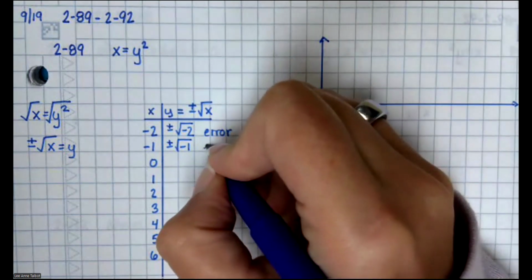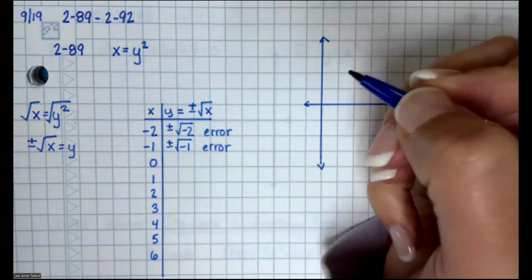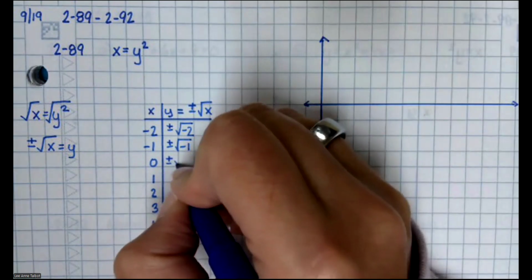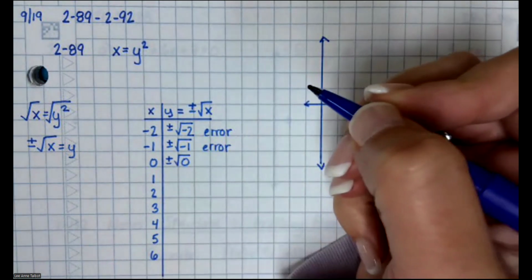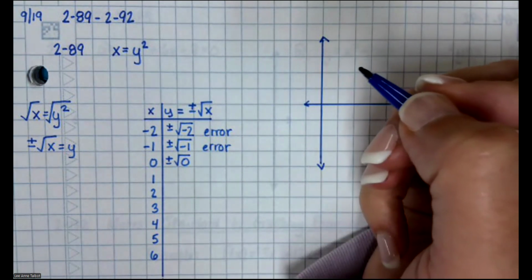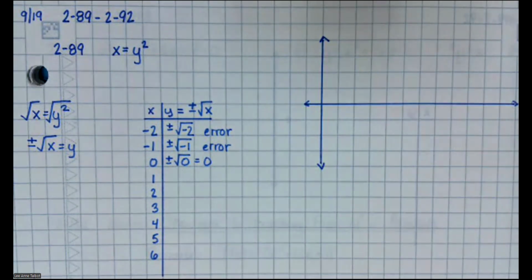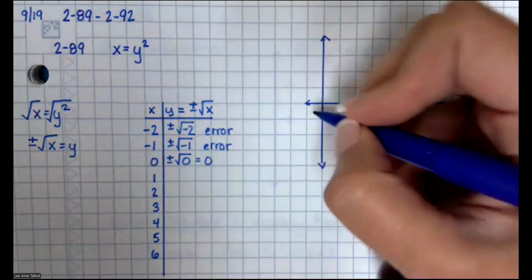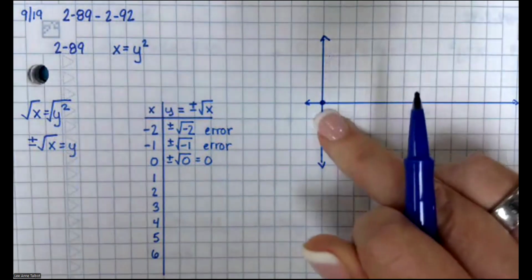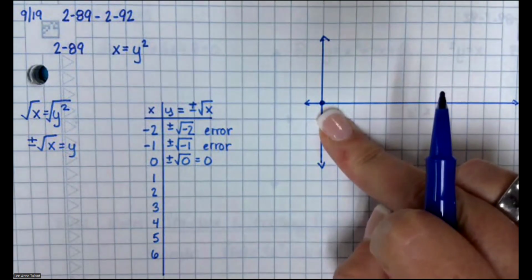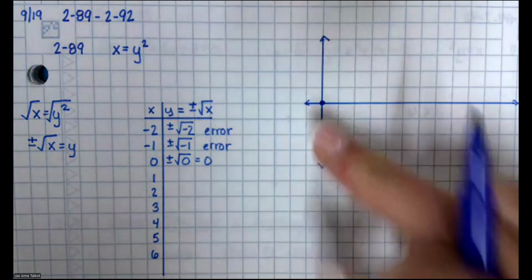Error. What about this? 0, but there's only one answer. There's no such thing as +0 or -0. It's just 0. And this is the coordinate 0, 0, which is right here. So graph that. And then after this moment, you're going to start picking up what I'm laying down.